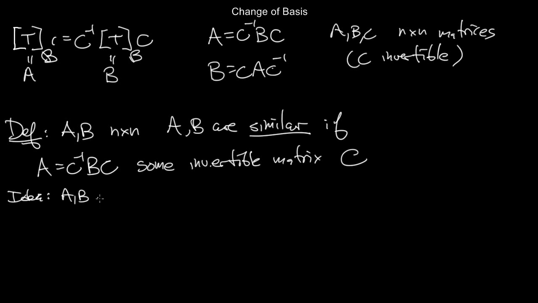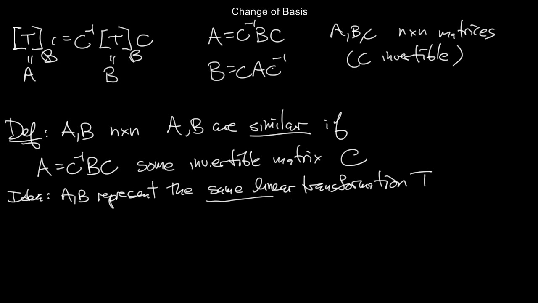And the idea is if A and B are similar, then they represent the same linear transformation, just in different bases. So in some sense, they're the same, or at least similar. They have a lot to do with each other.